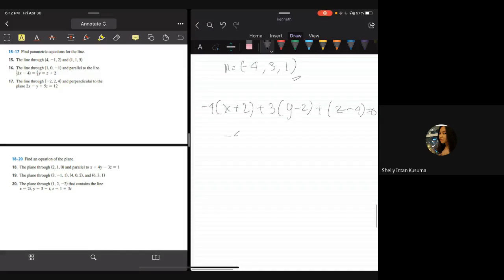Can we simplify the equation? Okay, have any question about this one?